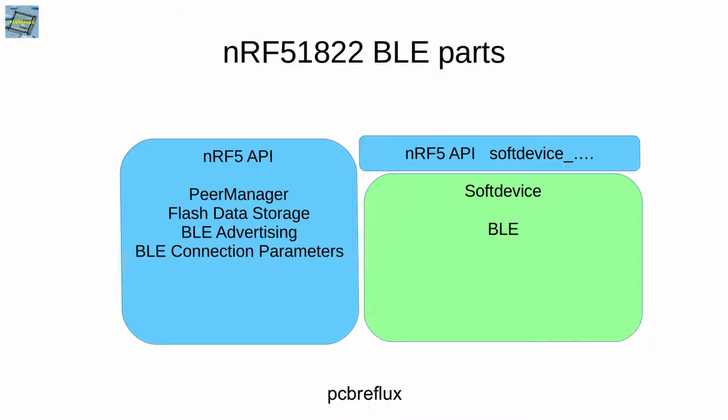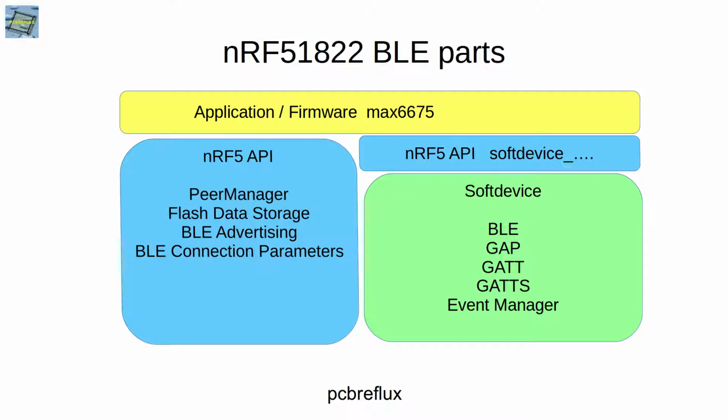With the soft device we communicate over the soft device functions, and we call the Bluetooth stack in our soft device with the generic access profile or GAP, the generic attribute profile or GATT, and the generic attribute profile server or GATTS. The soft device also keeps track of all the events with the event manager and also the power management. And in our firmware we have to handle all the sensor data in combination with all the Bluetooth handling.